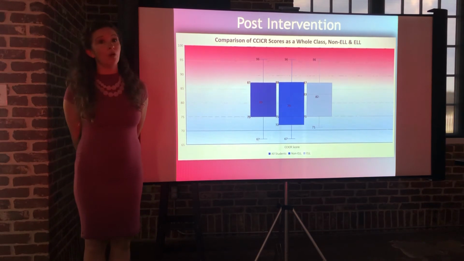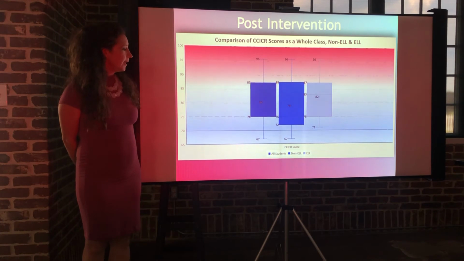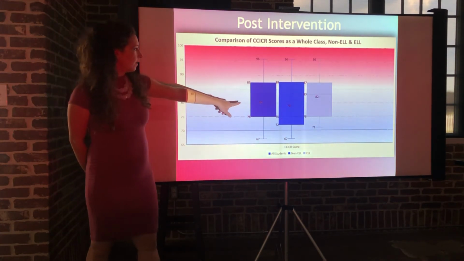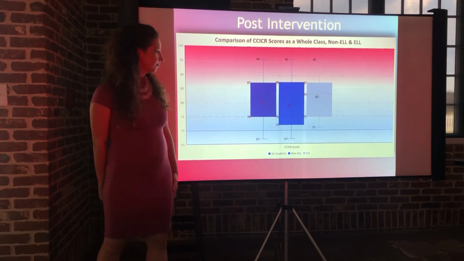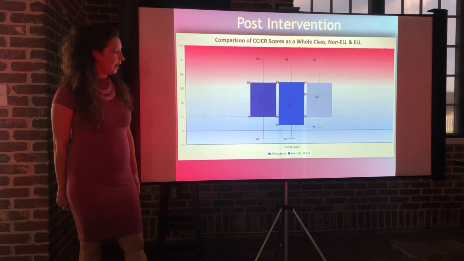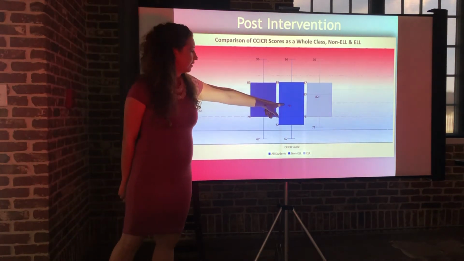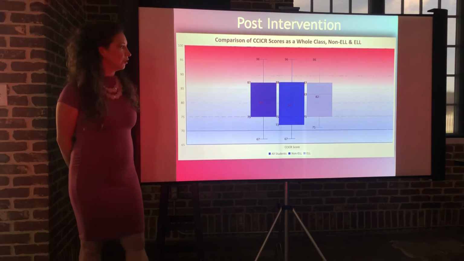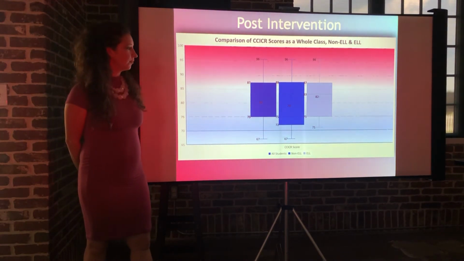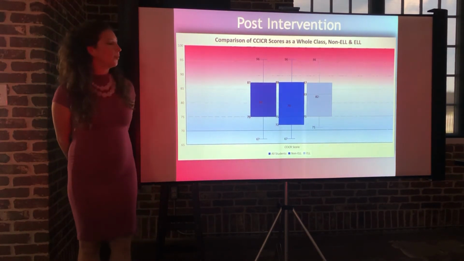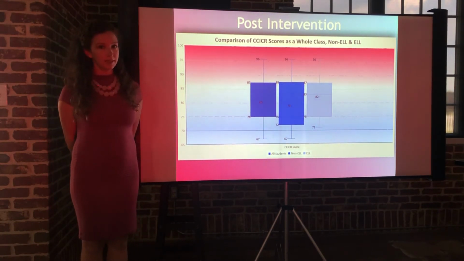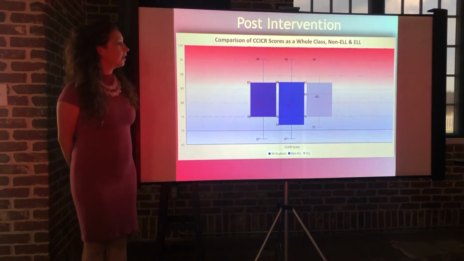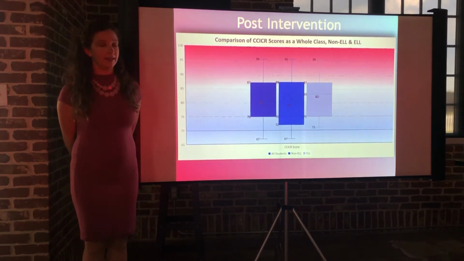When taking a look at the overall rubric scores amongst all students, we can see that all students earned an average of 80%. Non-ELL learners had an average of 79, and English language learners had an average of 82. So when we ran the test, it was shown that there was not a significant difference between the ELL learners and the non-ELL learners.